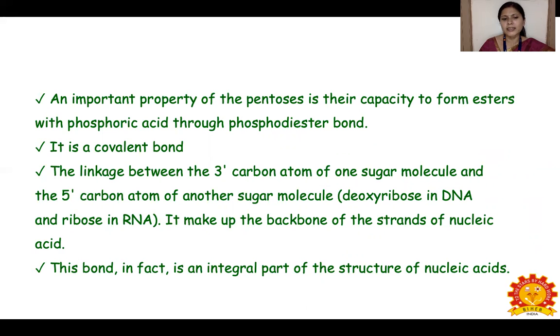This bond is an integral part of the structure of nucleic acid. When we see the different levels of the structure of DNA, we'll see that the 3'-5' phosphodiester bond is the main part of this structure.